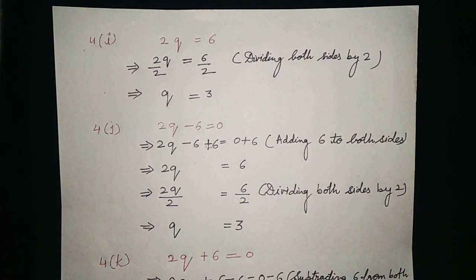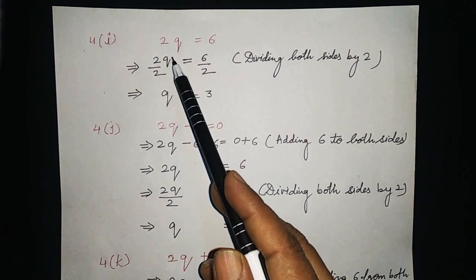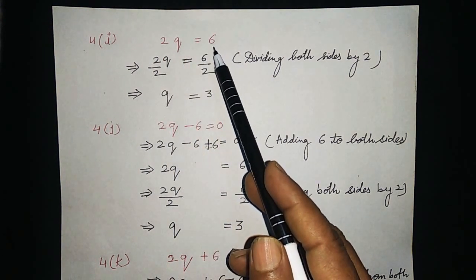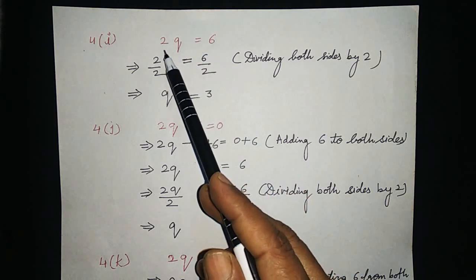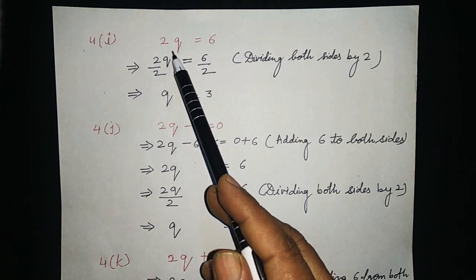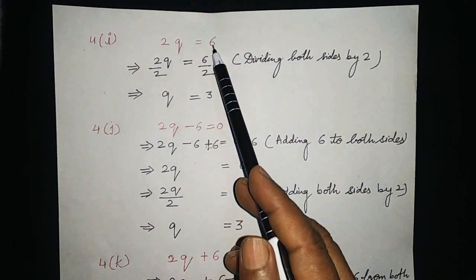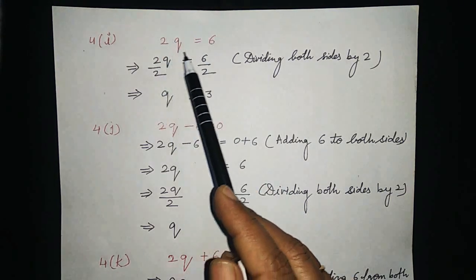Now student, see the I part of question number 4. Here question is 2q is equals to 6. Here we can see that 2 is in multiplication with this q. So what we have to do? We have to divide both the sides of equation by 2.